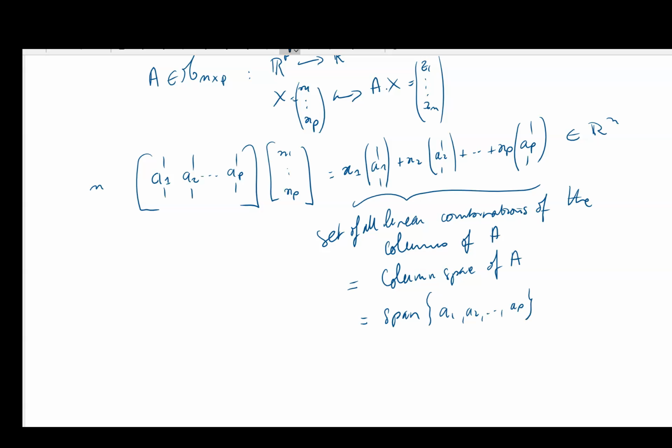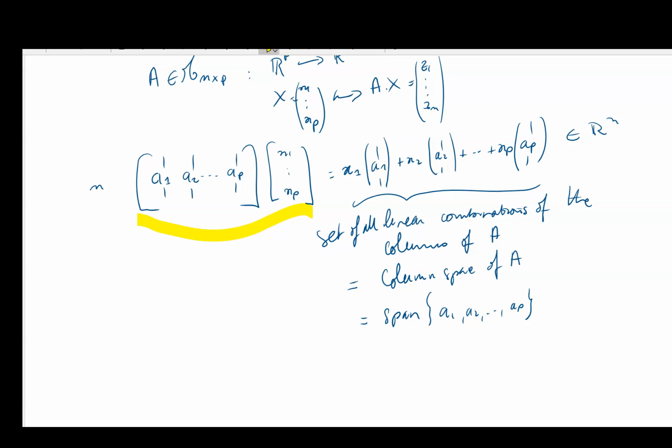So that's the column space of A, and all the linear combinations of those columns can be written as this matrix equation A times some x in R^p.